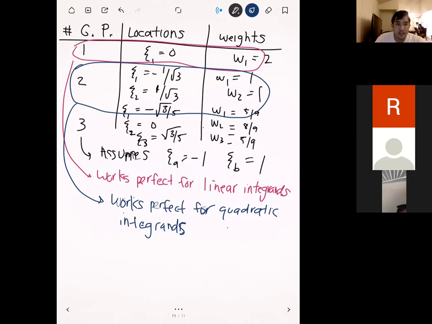Right. To get these numbers, I'm skipping the proof. There's a proof that shows that these locations and weights are the most optimal for the Gauss quadrature points, but I'm skipping it for this class because it's a pretty lengthy proof. It's pretty well known, though. I think it's even on Wikipedia.